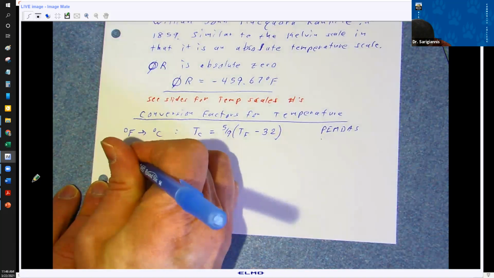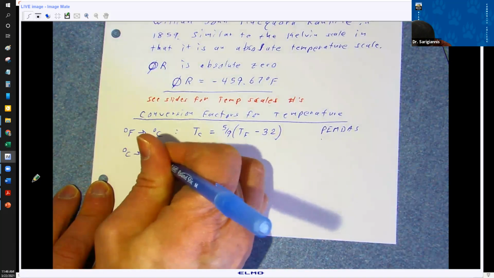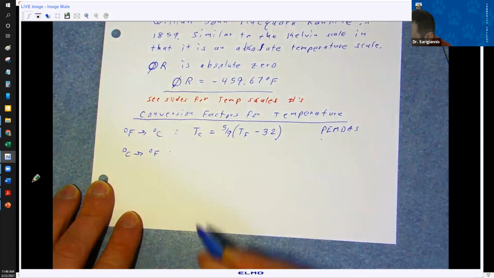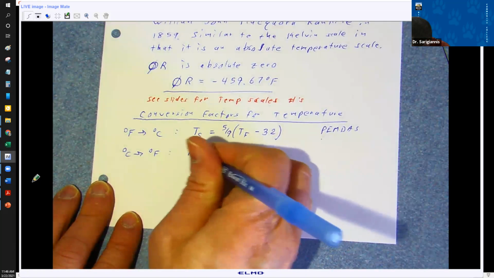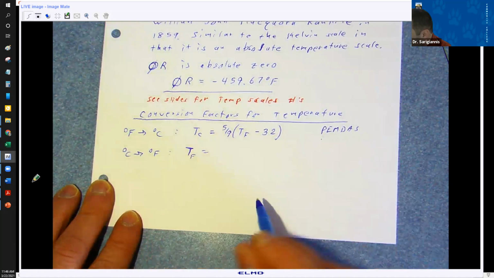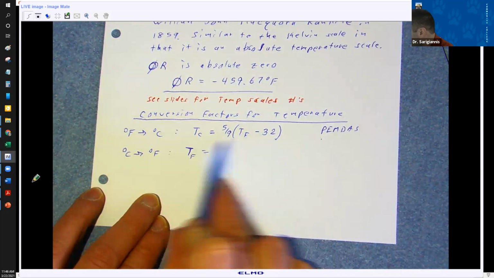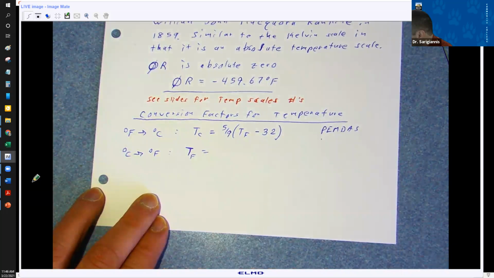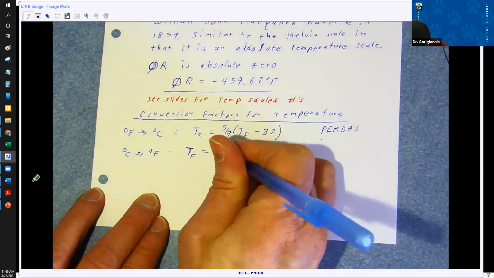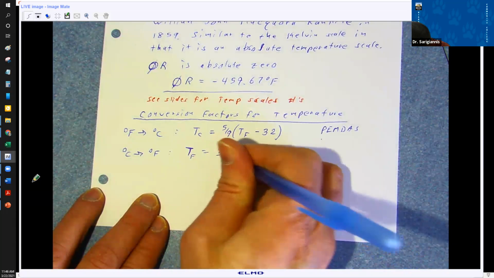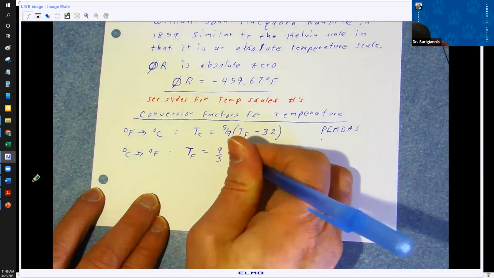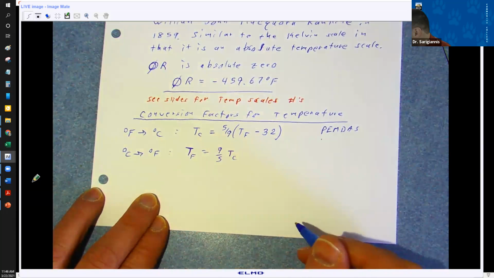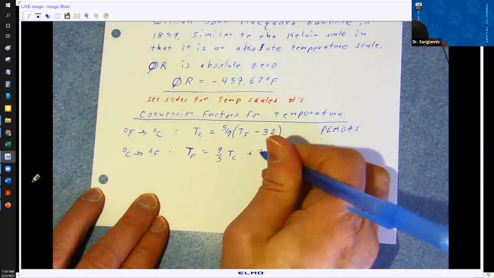If you want to go from degrees C to degrees Fahrenheit, right, the temperature in Fahrenheit is equal to, you basically take this equation and rearrange it. So now we're going to have 9/5 times the temperature in Celsius plus 32.